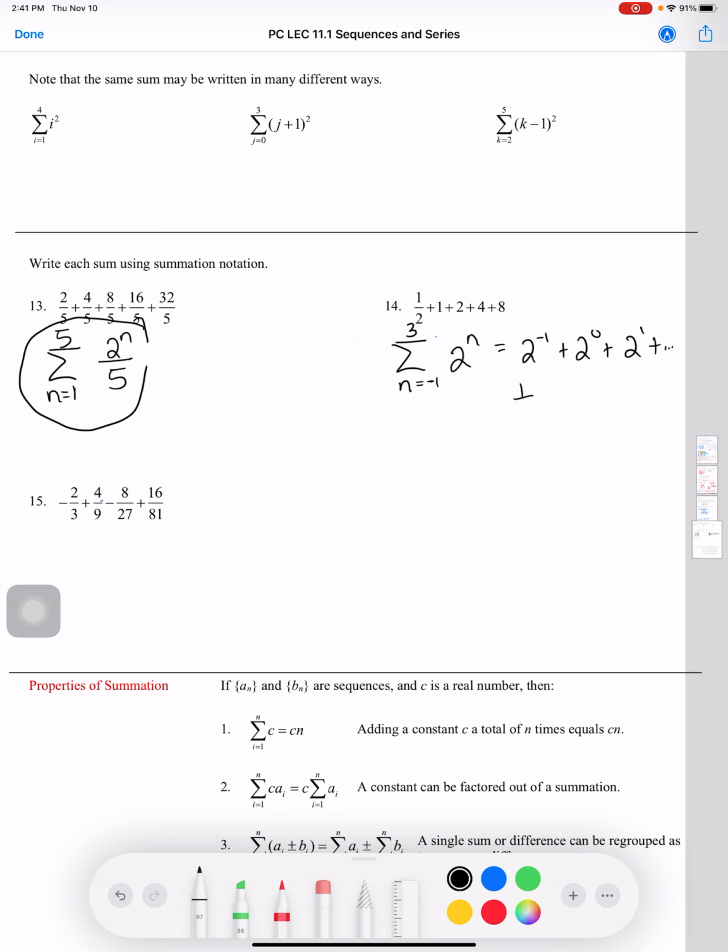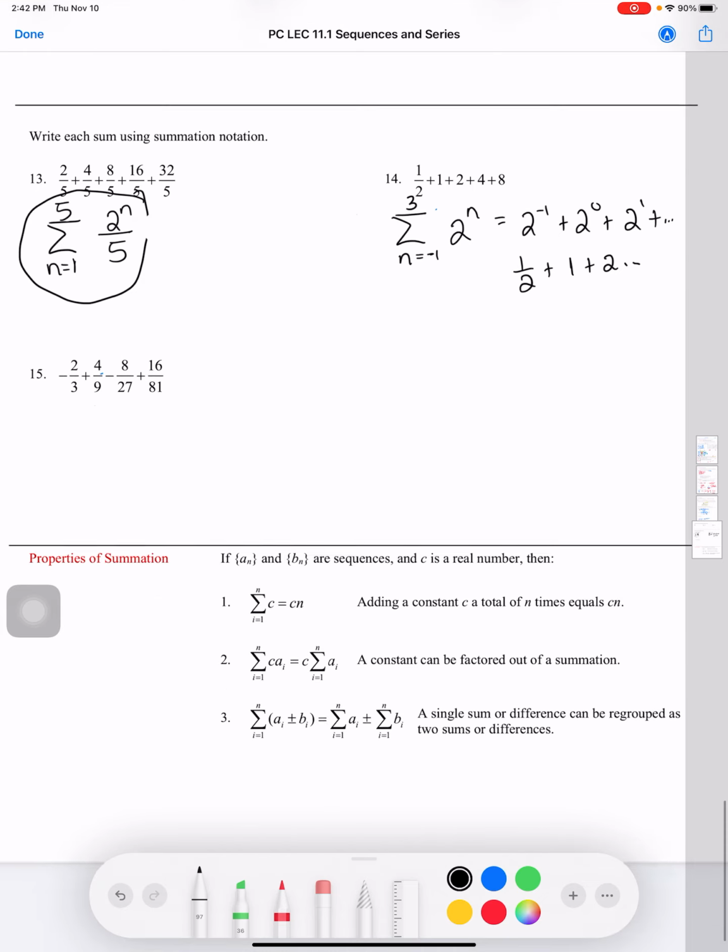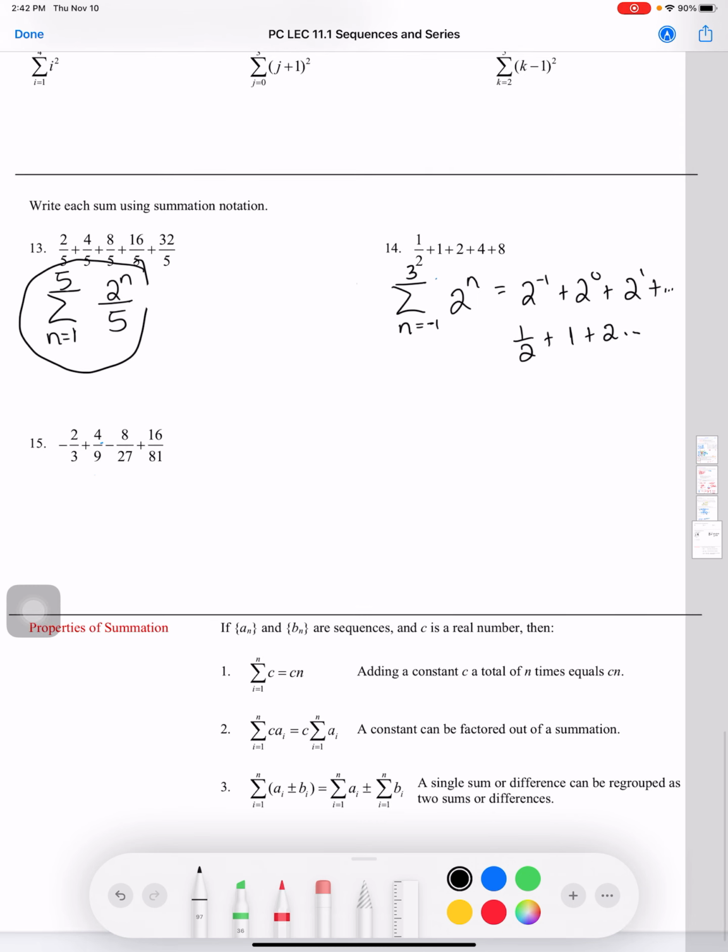But this would give me 1/2 plus 1 plus 2. So that pattern does seem to work. I think that's going to be fine. I may want to come back to that one. I am not sure if they want us to use a negative number, but let me finish that, and I will leave that the way it is, and I will come back to 14 just to be sure.